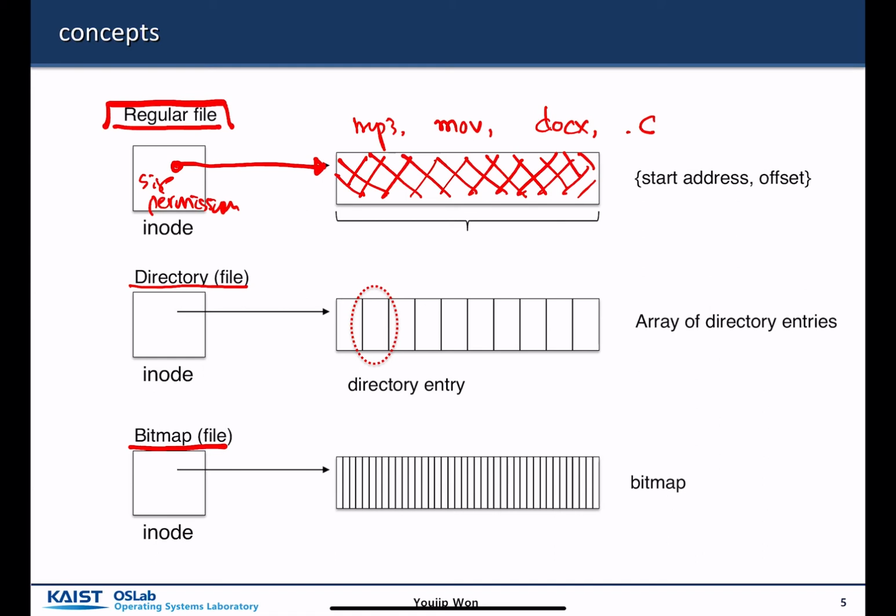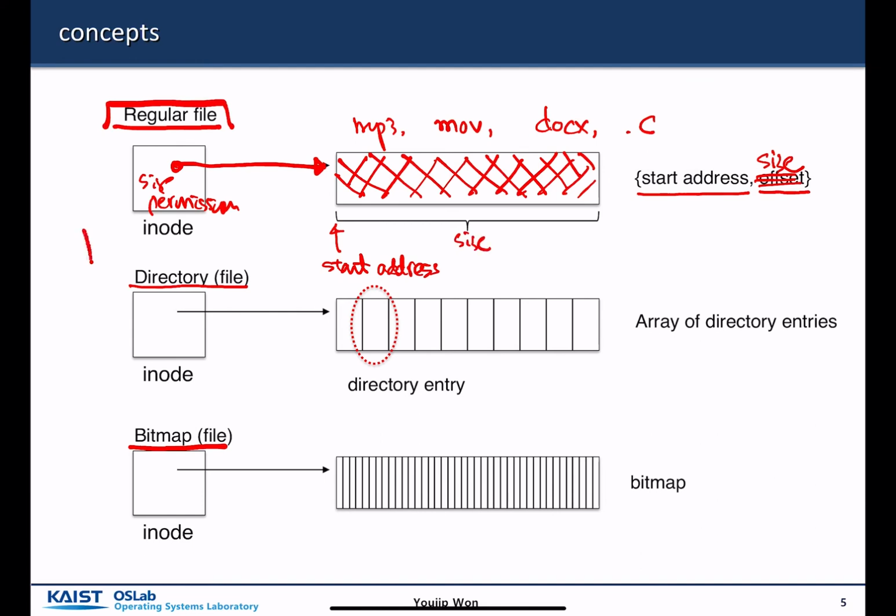In this form, the blocks of a file are represented by the start address and the size. My apologies. So at the beginning of the file, this is the start address, and this is the size.